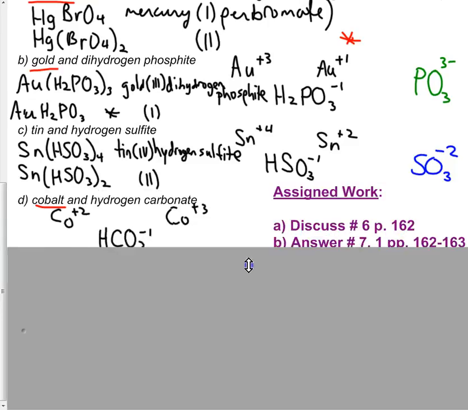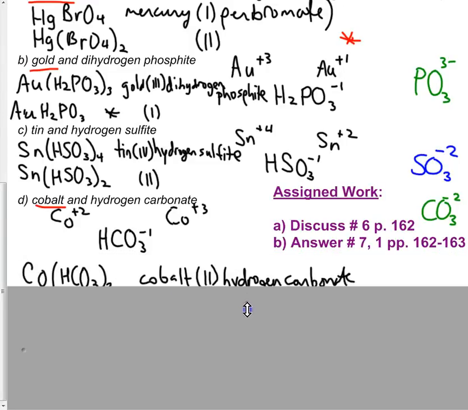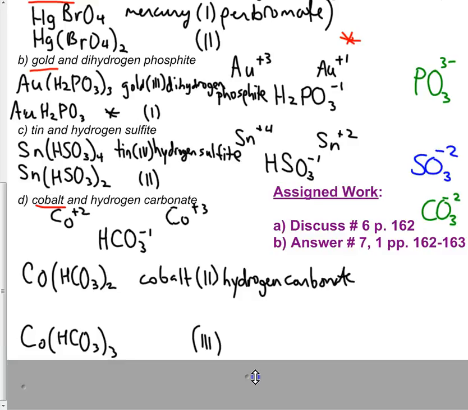In the last case, we have a carbonate, and we're looking at cobalt combined with that. So carbonate being CO3 -2, we would look at hydrogen carbonate as just reducing that valence by 1. So its valence is -1. And again, looking at the 2 possible cobalt hydrogen carbonates, we would have cobalt 2 and cobalt 3.